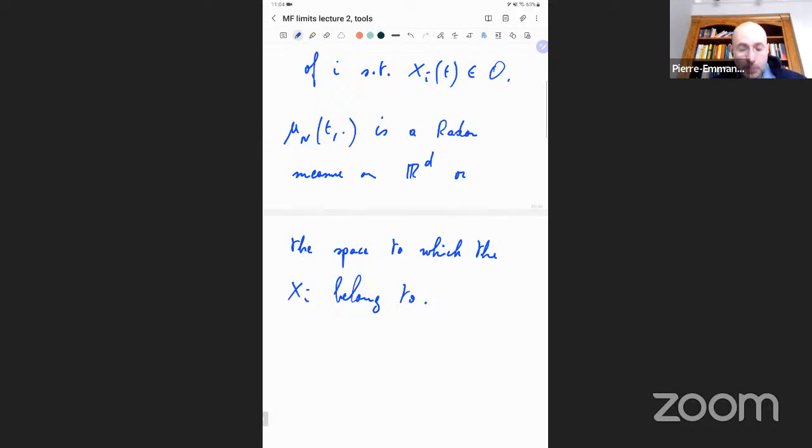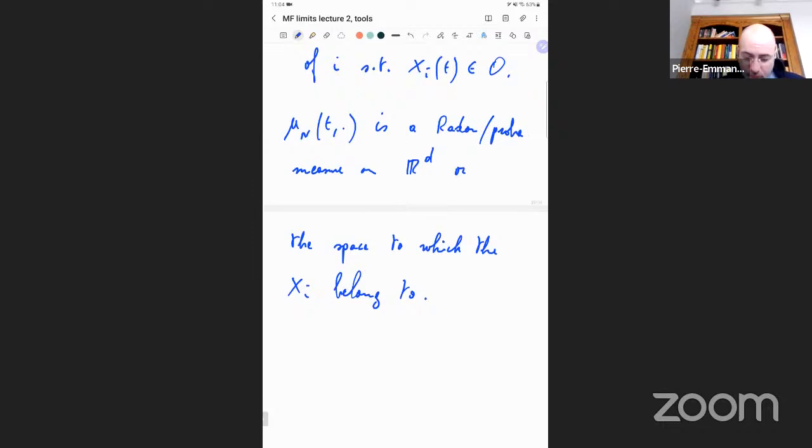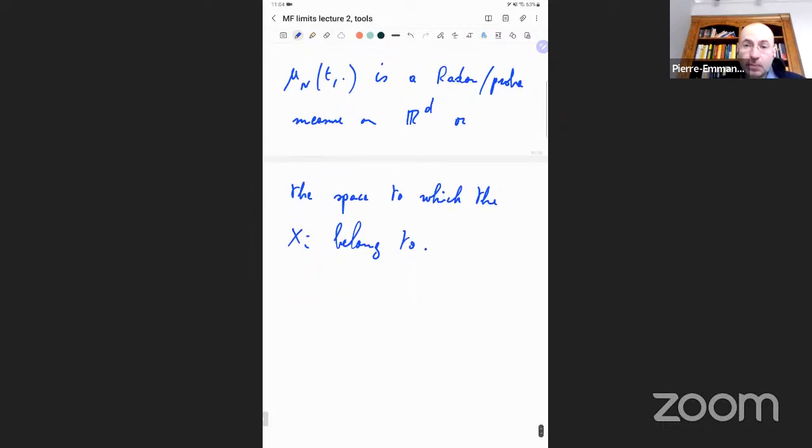And it's actually even a probability measure. As you see, it's positive, total mass is 1. But it is random.